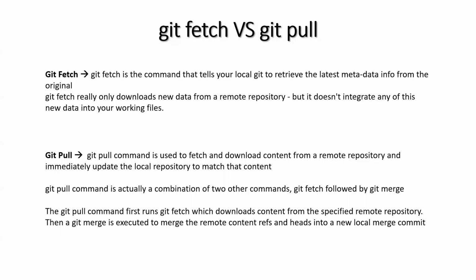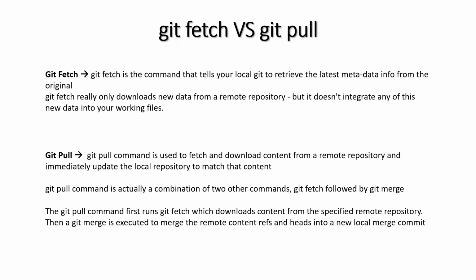So as above, git fetch only downloads the code, it will not merge with the current working directory. But when we are using git pull, then it will fetch the code, download the latest changes into our local repository, and then it will also merge the code. The git pull command first runs git fetch, which downloads the content from the remote repository, and then git merge is executed to merge the remote content reference heads into our new local merge commit. Right?